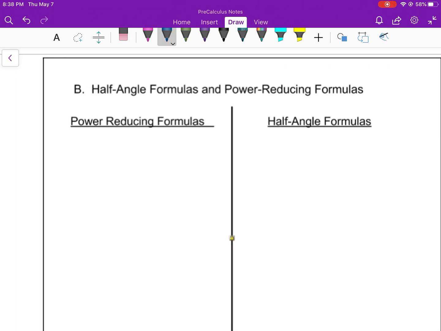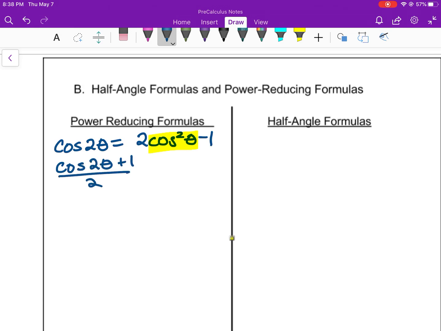So we start off with a double angle identity for cosine of 2 theta. What I'm going to do is solve this formula for cosine squared. So I'm going to add 1 over and then divide by 2.